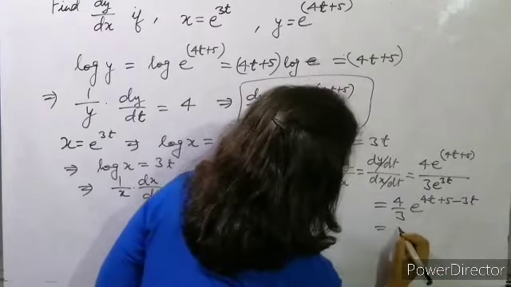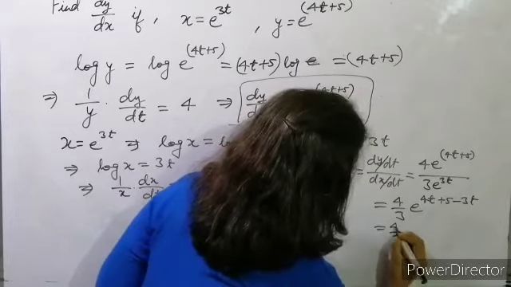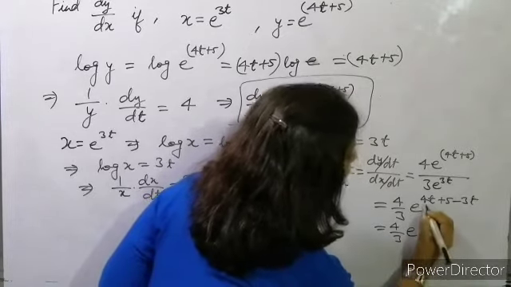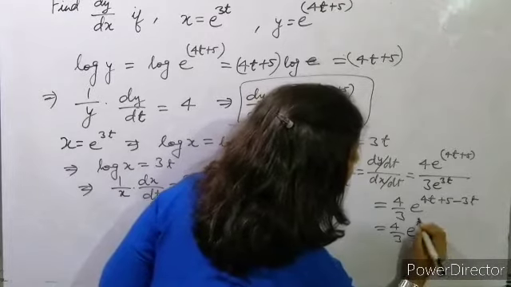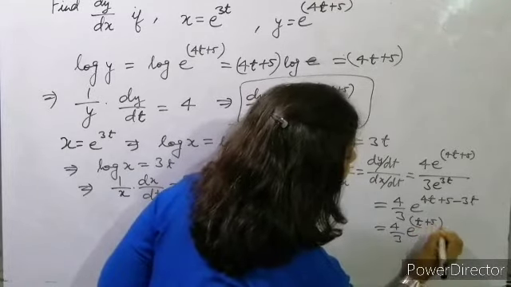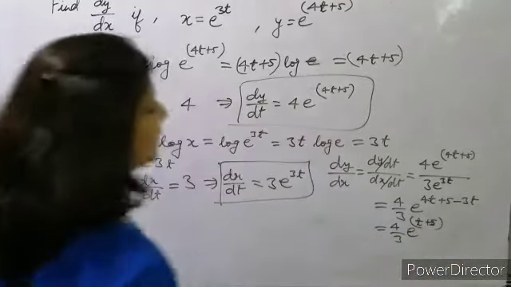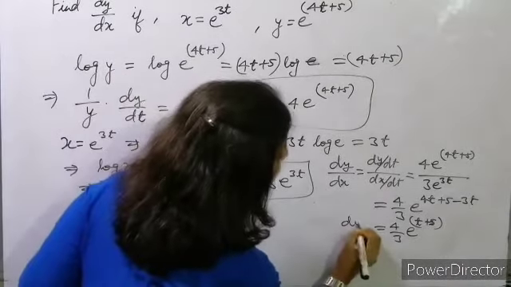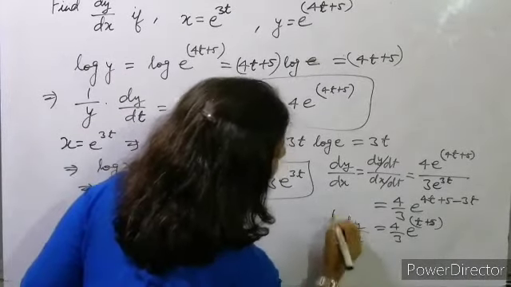Okay, so it will be 4 upon 3 multiplied by e to the power 4t minus 3t will be t plus 5. Okay, this will be the value of dy by dx.